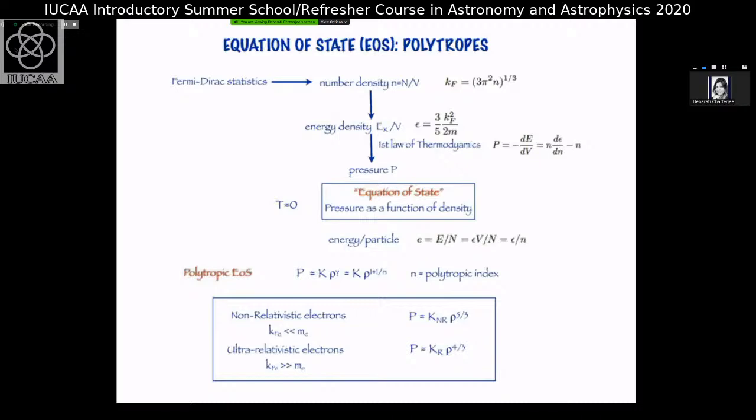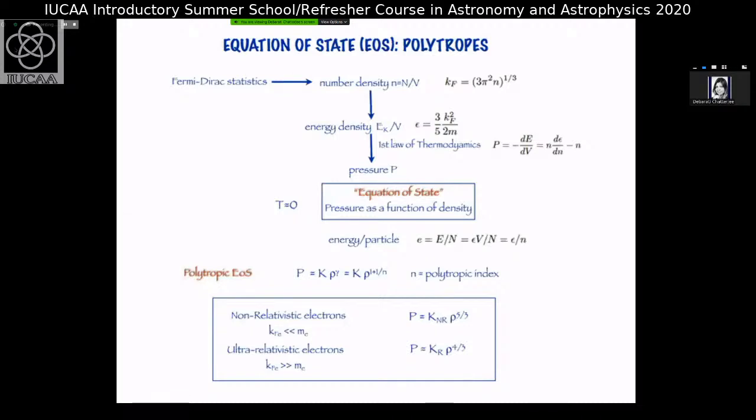This gives us a relation between the Fermi momentum and the density. Now, if we integrate the kinetic energy per particle up to the Fermi level, we obtain the energy density, which is the energy per unit volume.